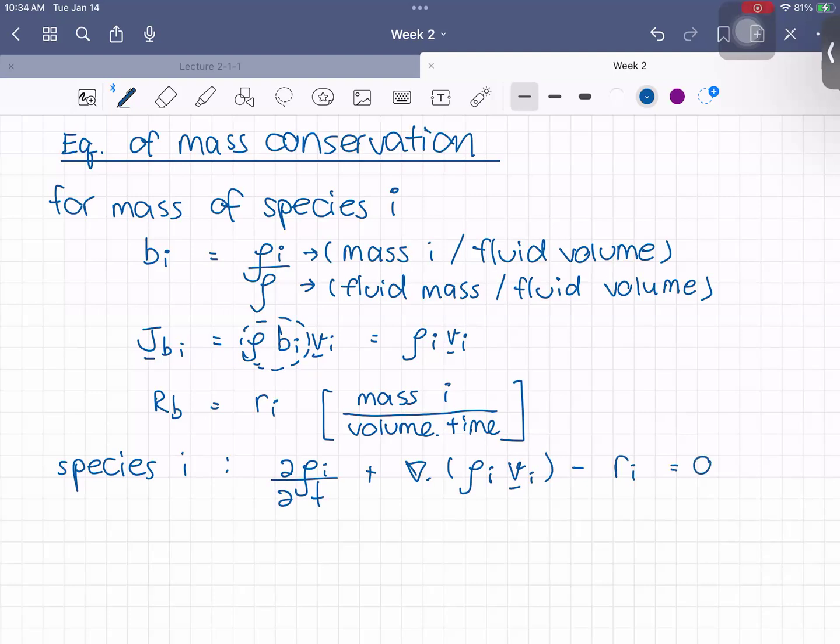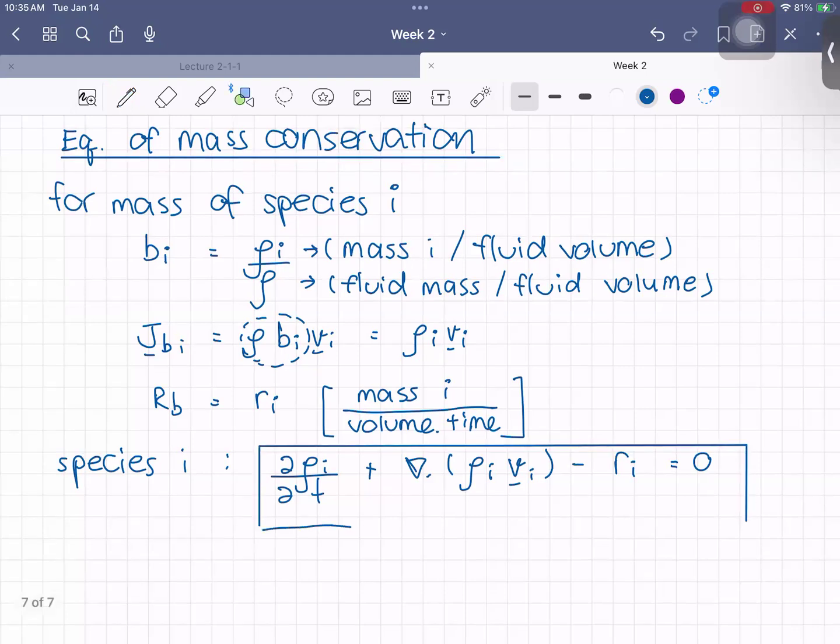Does that make sense? That is actually it for the mass conservation or mass transport equation.